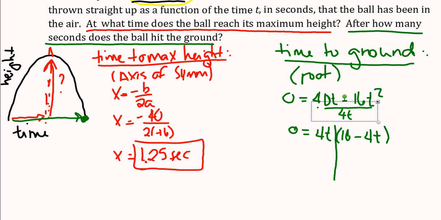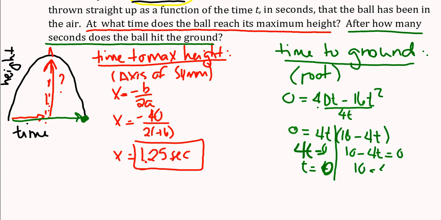So if 4t is equal to 0, then t is equal to 0 if we divide by 4. And if 10 minus 4t is equal to 0, well then 10 is equal to 4t, and if I divide by 4, I'm going to get 2.5 is equal to t.